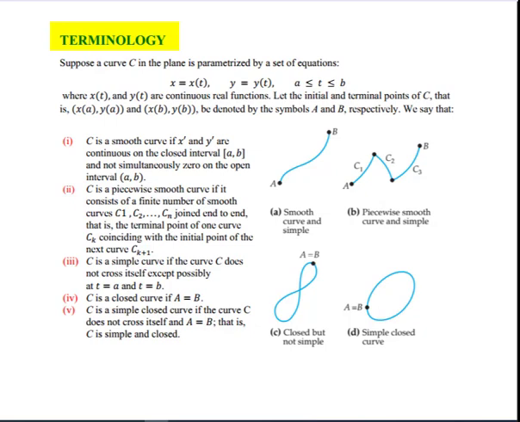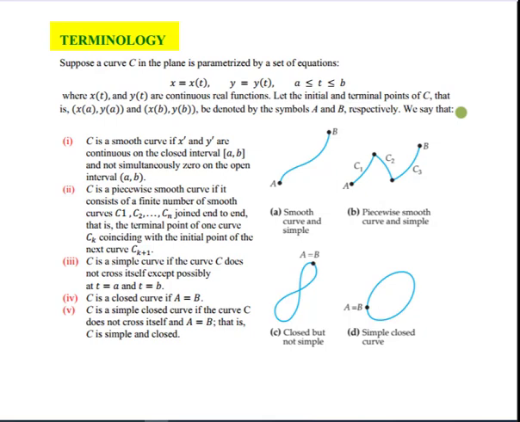Now we use some terminologies which will be helpful in the upcoming sections. Suppose a curve C in the plane is parameterized by a set of equations x as x of t, y as y of t, and t ranges from a to b, where x of t and y of t are continuous real functions. Let the initial and terminal points of C, that is x of a, y of a, and x of b, y of b, be denoted by capital A and capital B respectively.